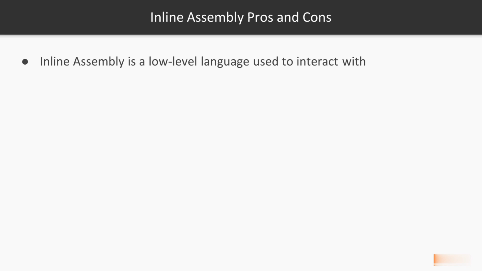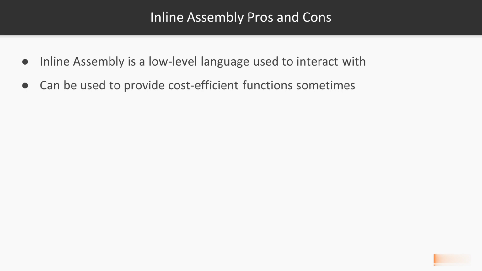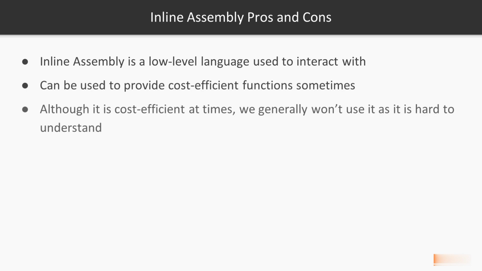Pros and cons of inline assembly: first of all, inline assembly is a low-level language to interact with. That means it's hard to understand and get through your head. It can be used to provide cost-efficient functions sometimes. Although it is cost-efficient at times, we generally won't use it as it is hard to understand, like I said.